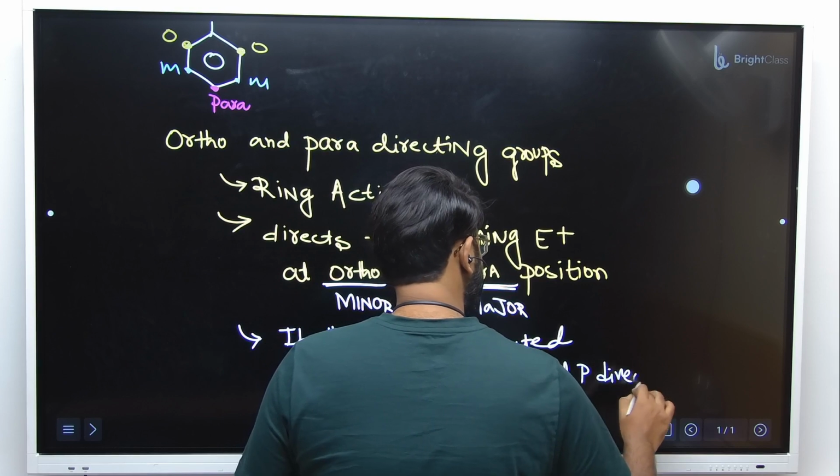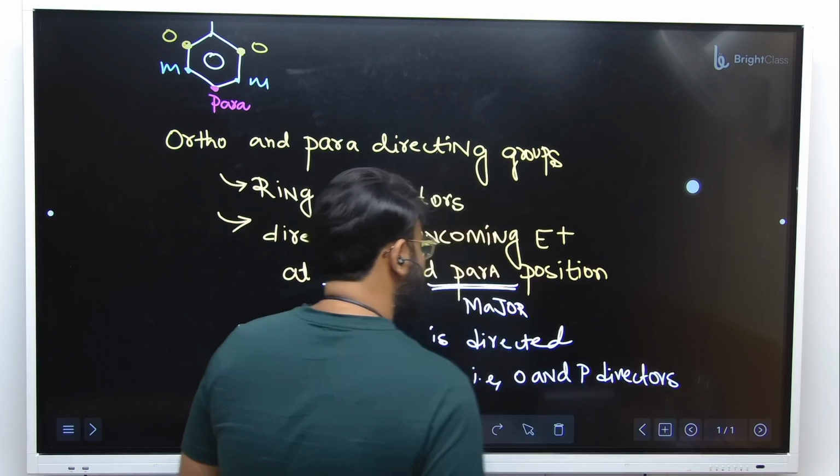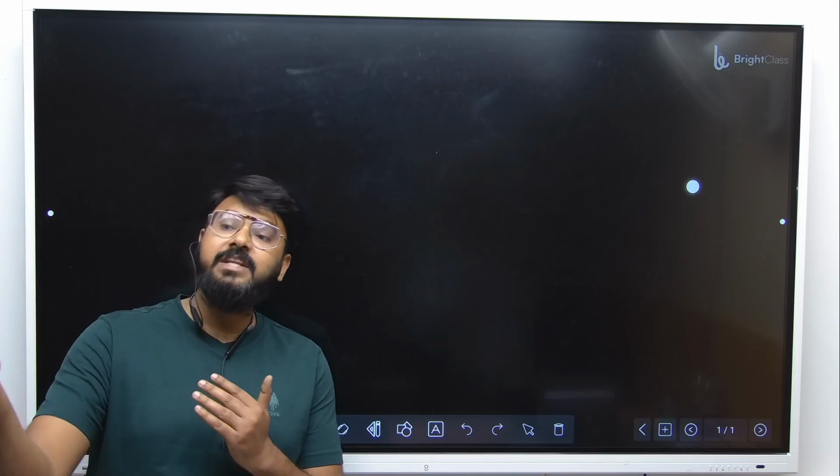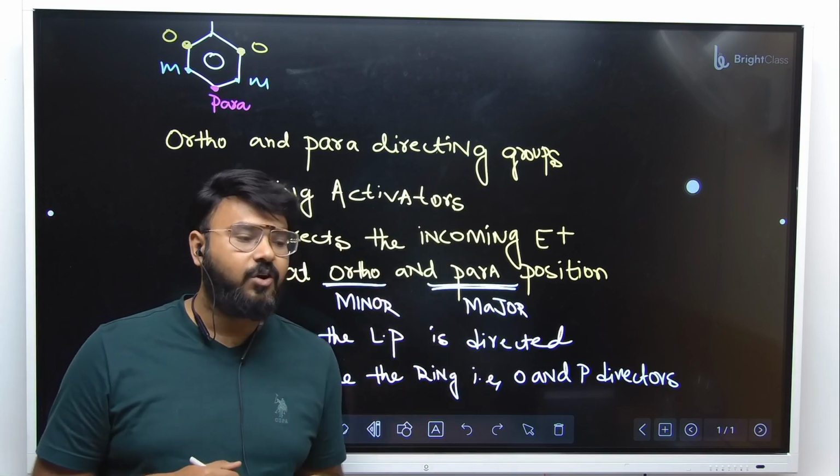Remember, if such groups are present in the ring who are sending electrons inside the ring, then they are ortho and para directors.